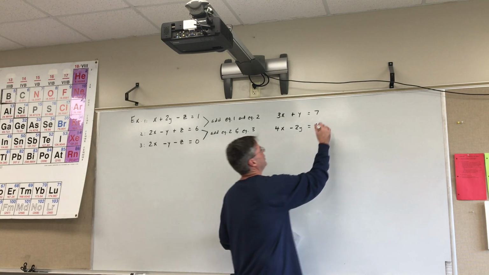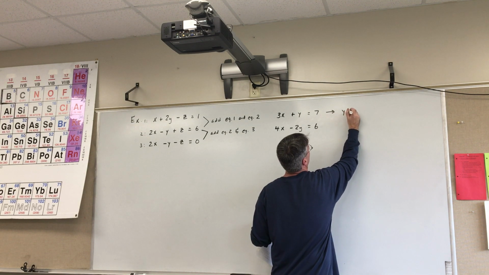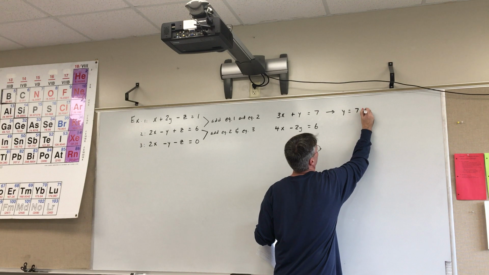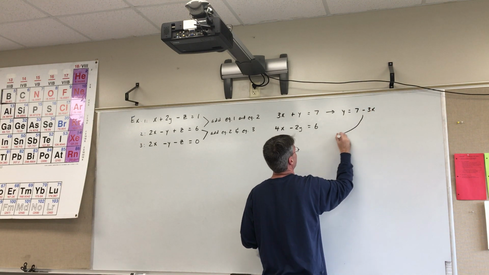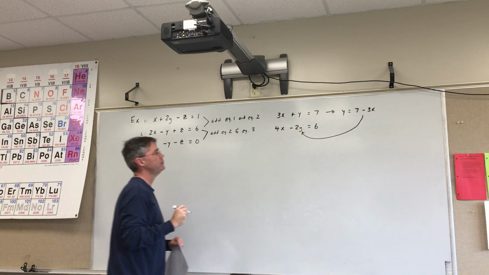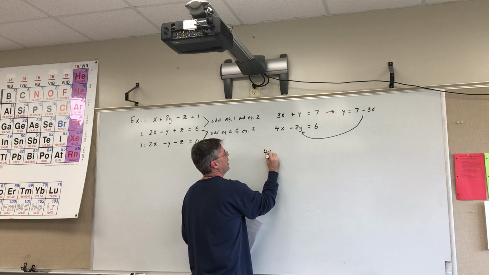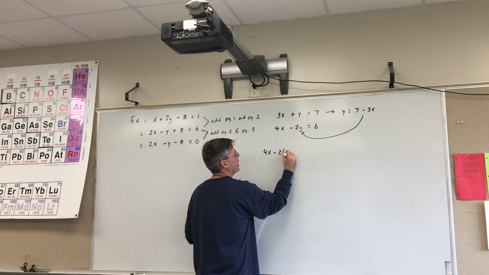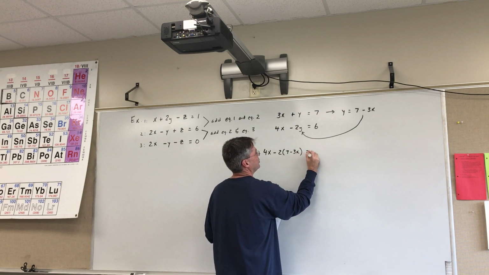So I'm going to go ahead and rewrite this top equation solving for y. Y is equal to 7 minus 3x, and then I'm going to plug that in to this y right here. So I would have 4x minus 2 times 7 minus 3x is equal to 6.